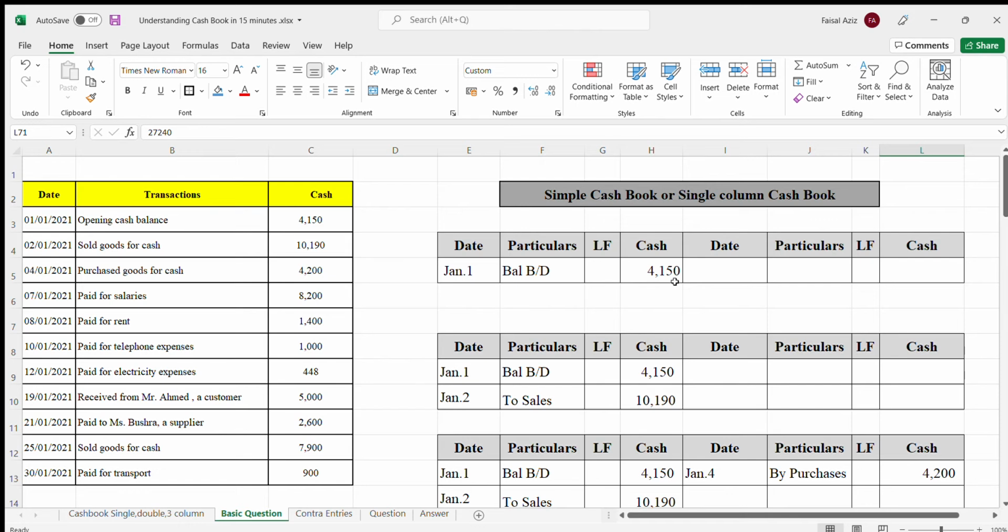As you can see here, on the 1st of January we have an opening cash balance of 4,150. I did not mention any currency sign, so I'm assuming whatever amounts are mentioned are in dollars.